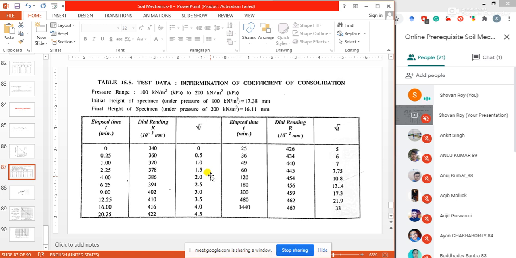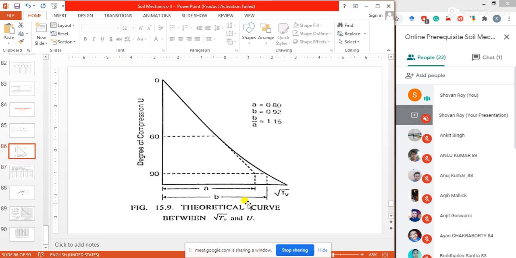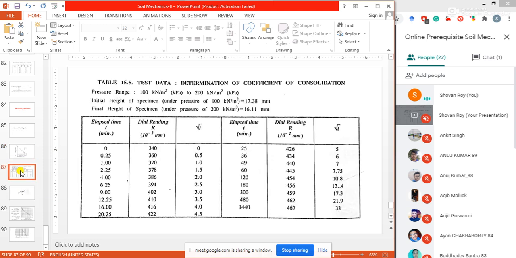And in another column you can see root over t, because if elapsed time is t, we need the actual root over t to find out our coefficient of consolidation.